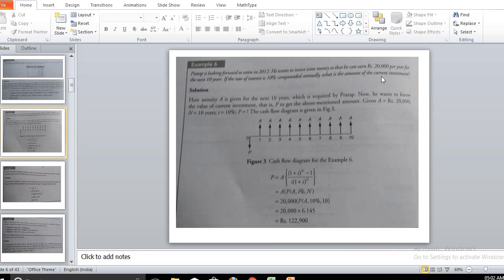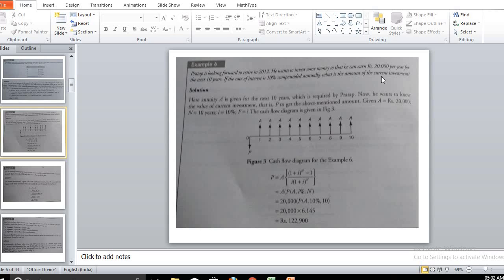So how much can we invest so that we can get an annuity of rupees 20,000 each year? The annuity is required by Pratap for the next 10 years.